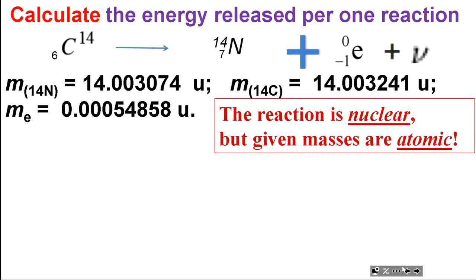Now, of course, we have to say something about the energy. What do we know? Well, we know atomic mass for everything, but we need to remember this rule. We've said it before.